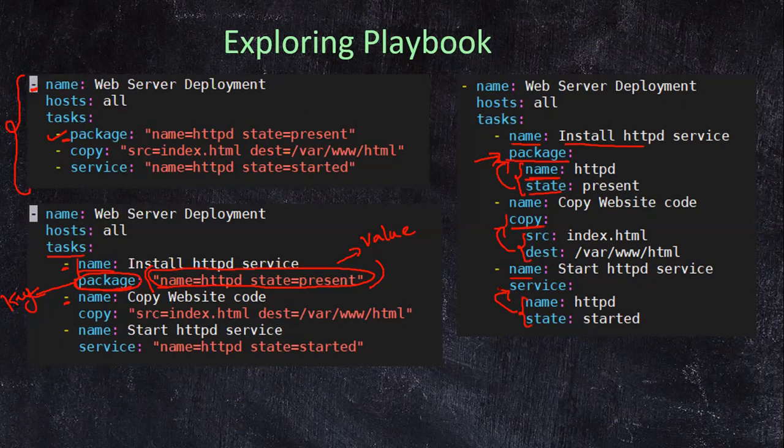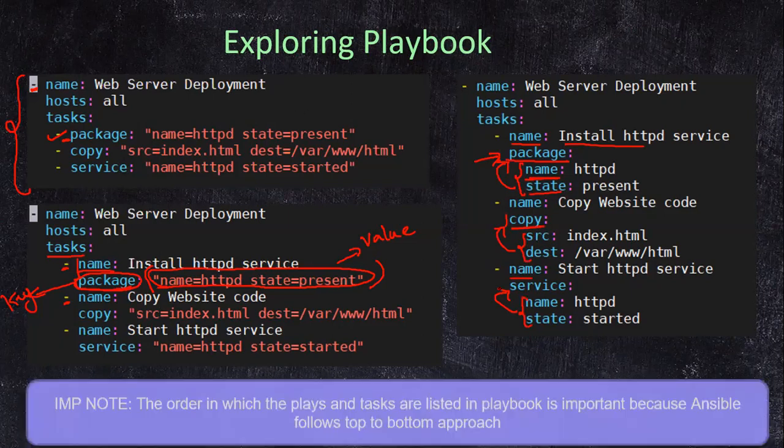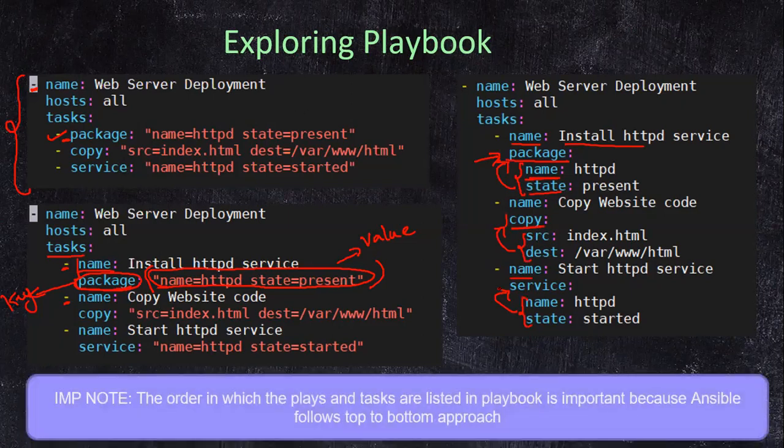And whenever you write the play, the main thing to note is the order in which you have written the play, because Ansible will be executing all these different plays in the order in which you have mentioned them. So it is very important to write it in a specific order if you want it to be executed in that order.